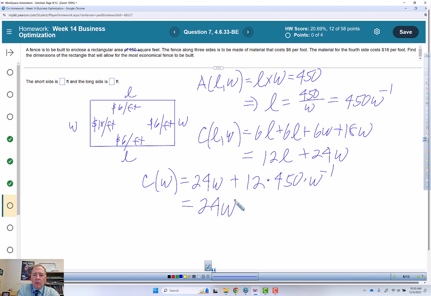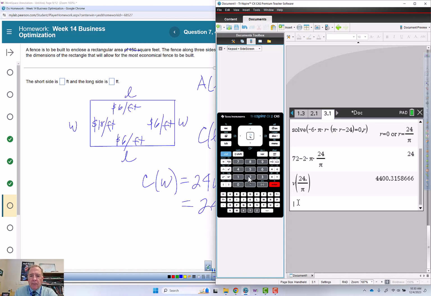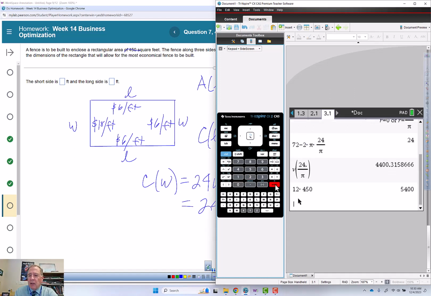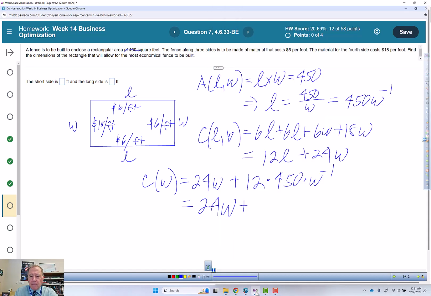If I multiply this out, 12 times 450 is 5,400, so 5,400 times W to the negative 1.